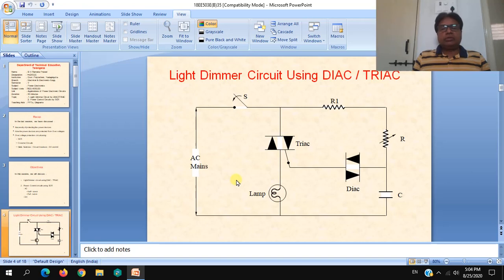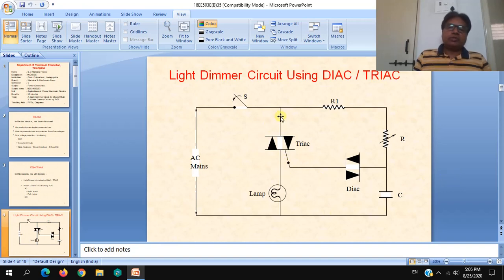And when we go through the circuit, when we close the switch or simply switch on the supply, the voltage will be applied to the circuit in two different paths, and current will also flow likewise depending on their conductions.